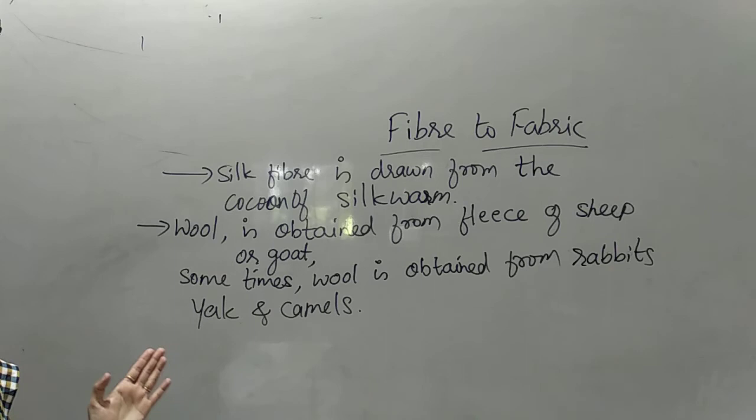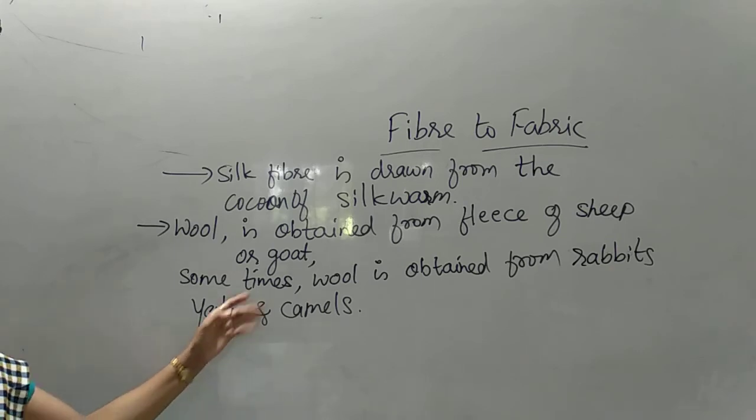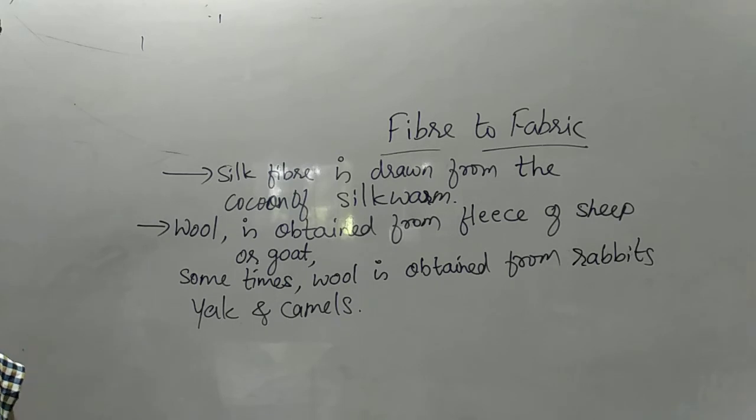Some fibers are substitutes for silk, wool and some for cotton. Okay. Such materials we call synthetic. For example, these are made from chemical substances and are called synthetic fibers, like polyester, nylon and rayon, right? We have seen that rayon, nylon, these are what?